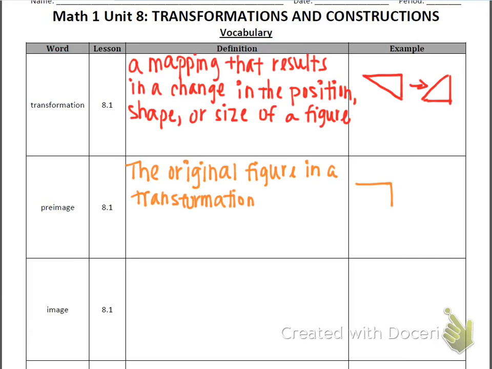So it would be this triangle. If the pre-image is the original, the image is the resulting figure in a transformation.